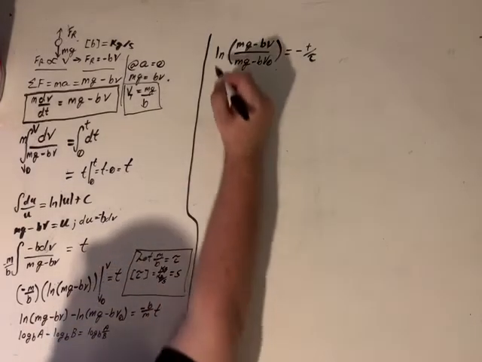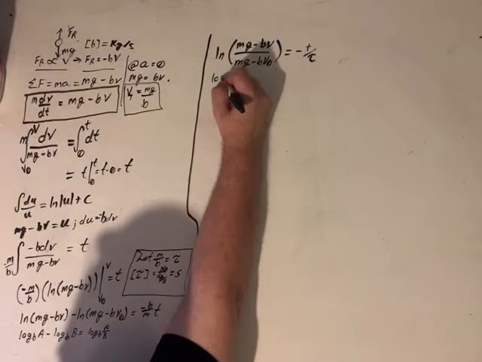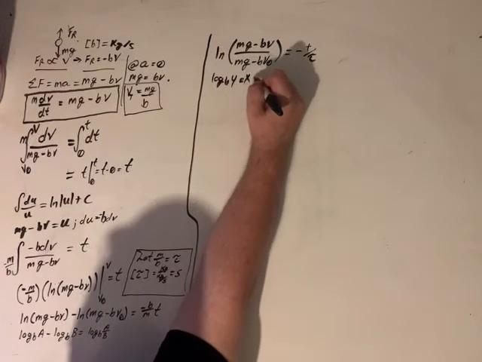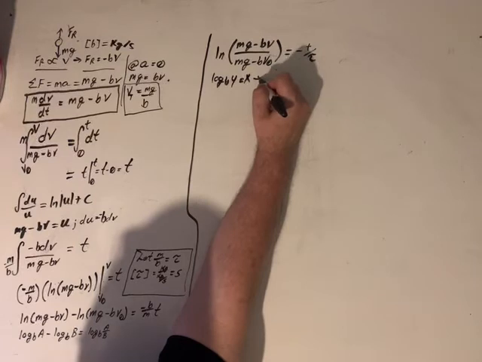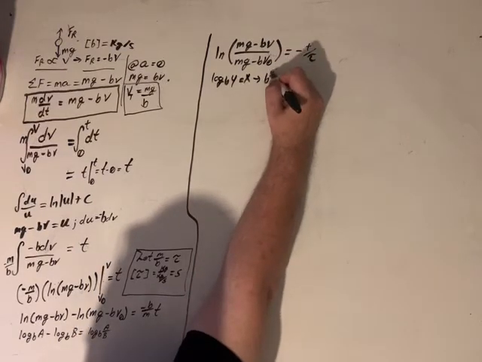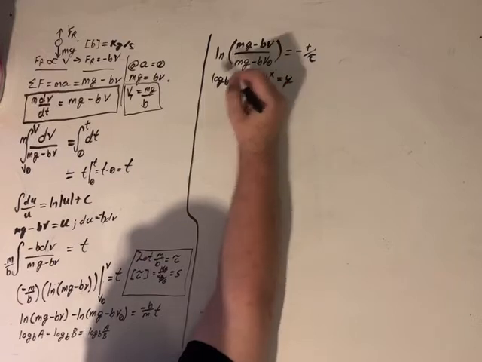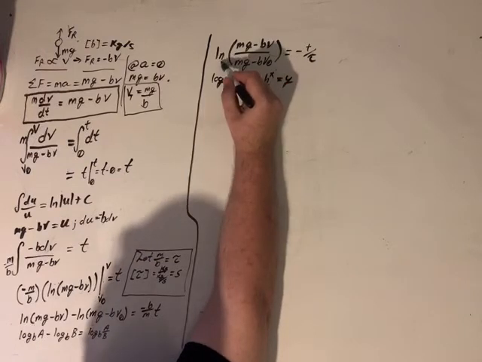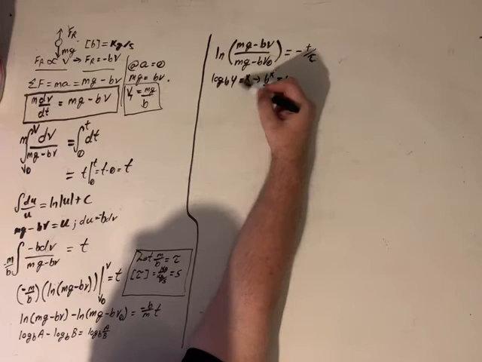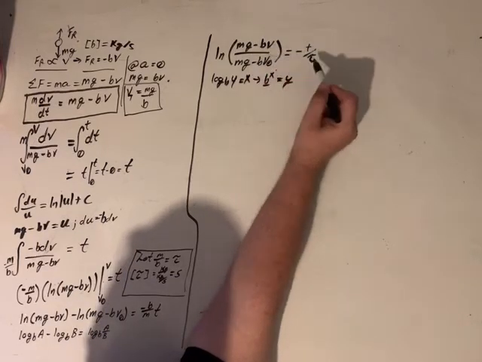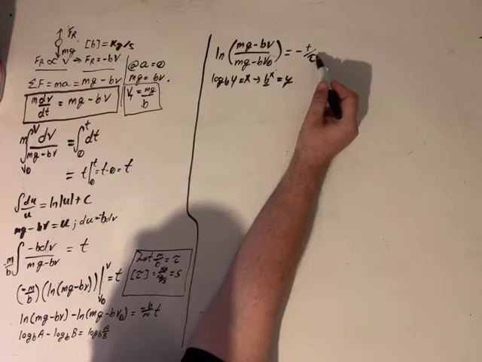Now remember how logarithms work. Log base b of y equals x means b to the x equals y. Well, our b in this case, since it's a natural log, is e. Our y is this expression in parentheses, mg minus bv over mg minus b v sub 0, and our x over here is negative t over tau.